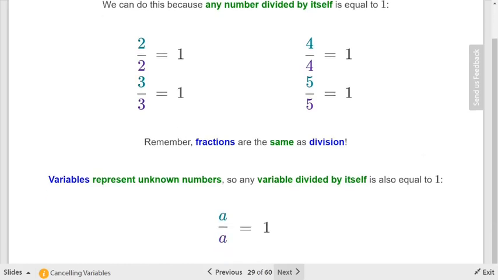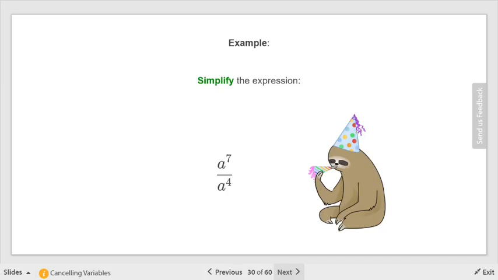Now on this page, all they're reminding you of is that anything divided by itself makes a 1. It does not cancel. It becomes a 1. They're just reminding you what happens with exponents. If you take a to the 7 divided by a to the 4th, we keep the base, and what do we do to the exponents?